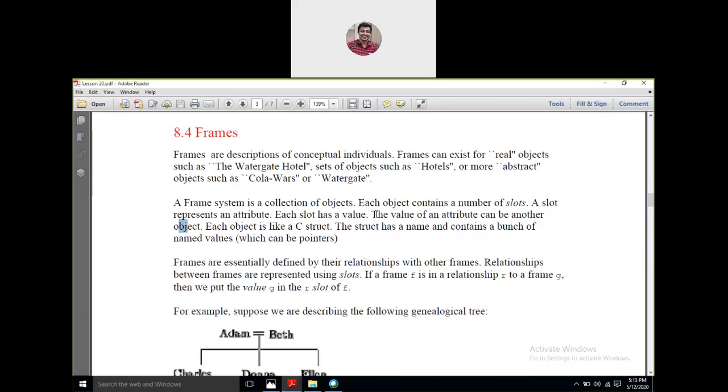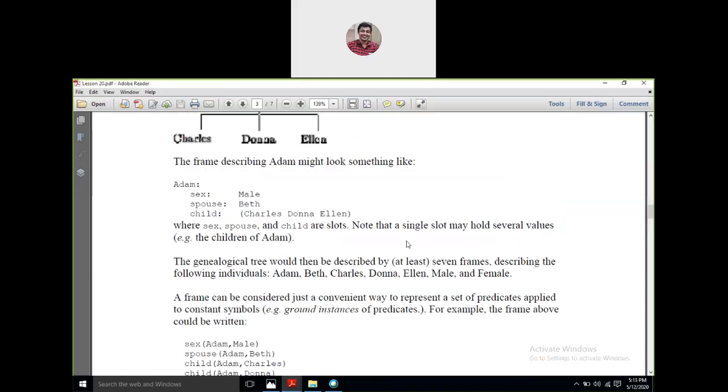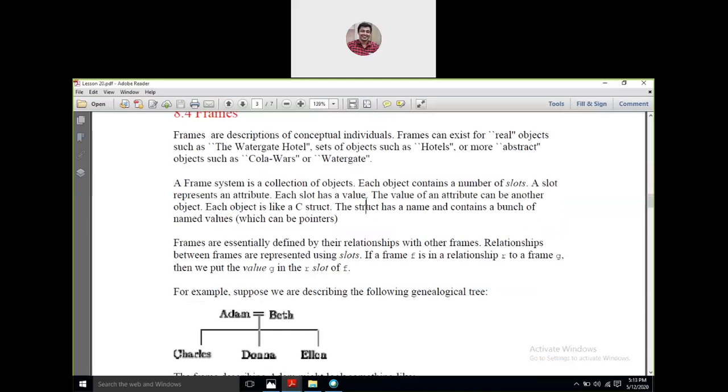This is a bit confusing, right? Remember, these are all stuff from this place. They expect the student to know a certain amount of things, then they go through these things. So don't worry, I'll be talking about all these things gradually. The value of an attribute can be another object.